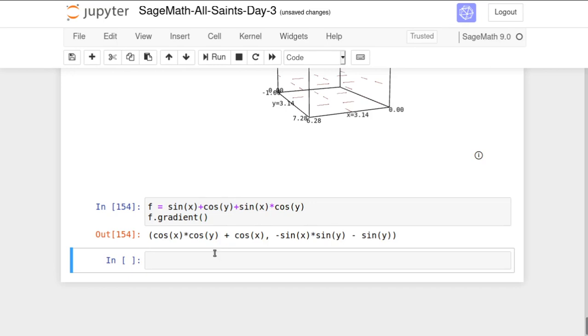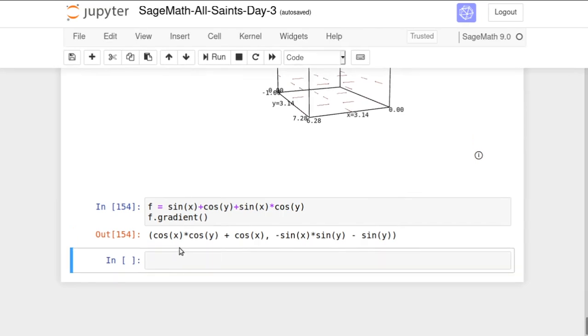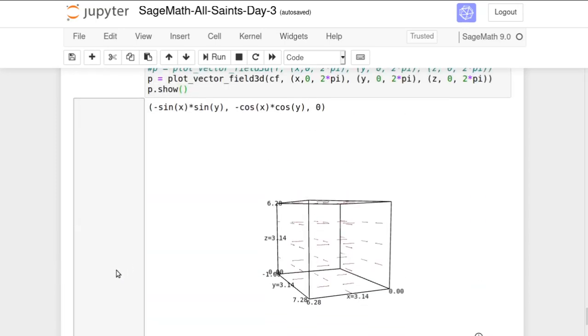So the gradient is turning out to be this. If you have f as a scalar function, the command you can use is f dot gradient, and you will get it as a vector here. So this is how we find the gradient of a scalar function.